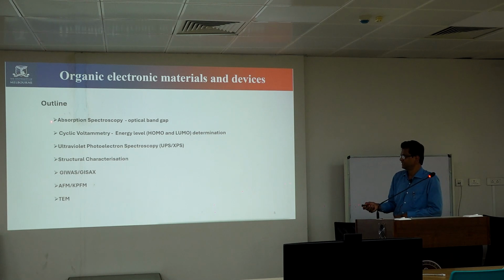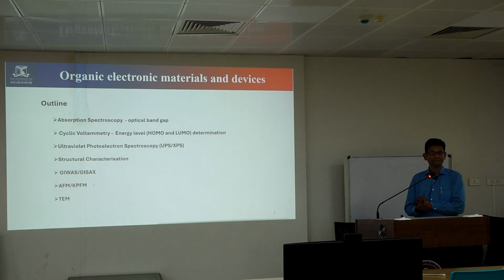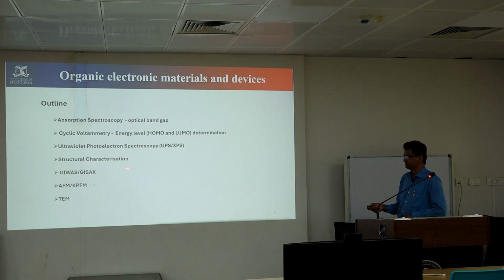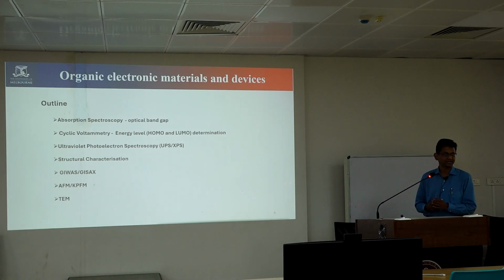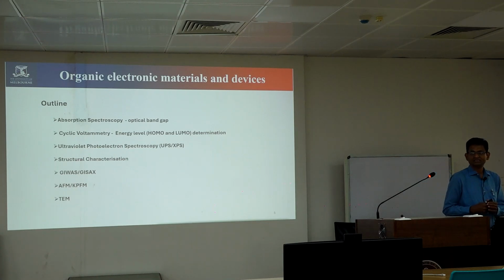Even for ultraviolet photoelectron spectroscopy, there are many options, like photoelectron spectroscopy in air, called PESA, and other techniques. For structural characterization we have X-ray and others. Now I am going to talk about GIWAXS, because these devices work on a very thin layer.